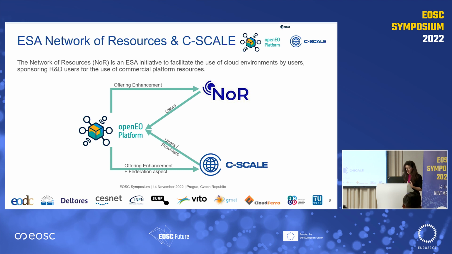As you can see in this schema here, OpenEO platform can be accessed both by the network of resources, but also by C-SCALE. And you can either be a user, but also a provider. So you can use OpenEO platform, but you can also become one of the OpenEO platform providers.